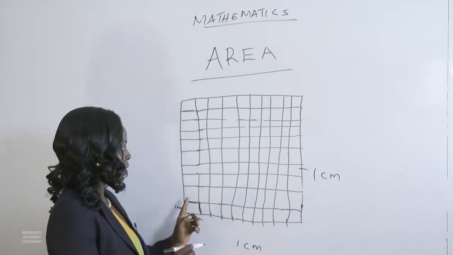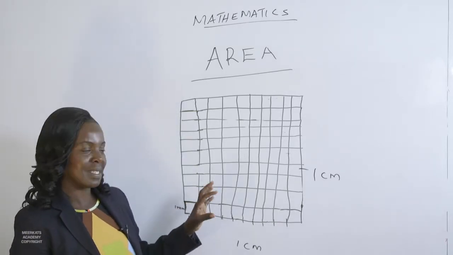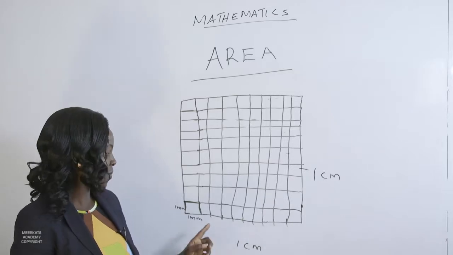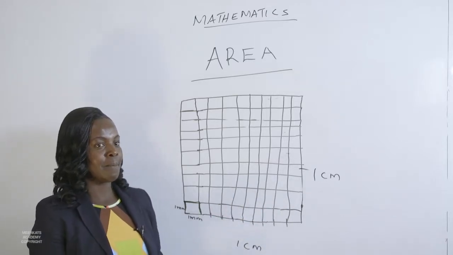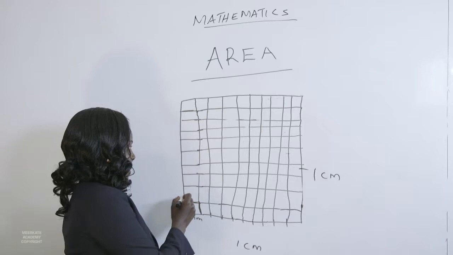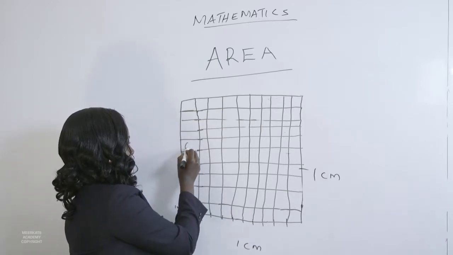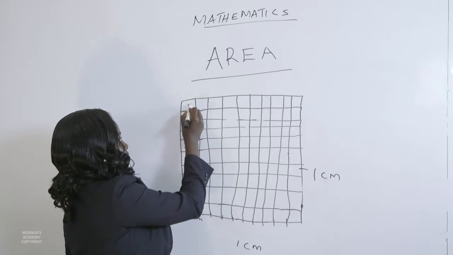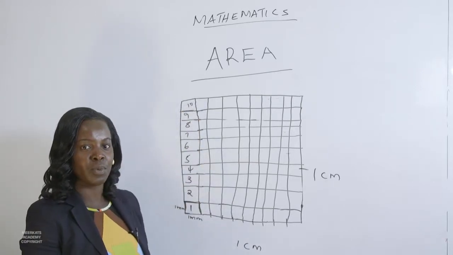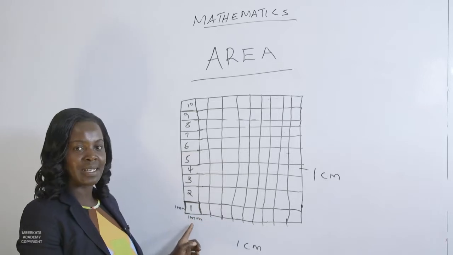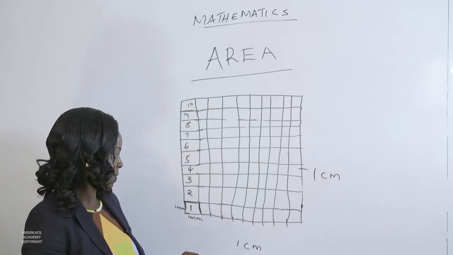If we count the small squares inside this enlarged square, you realize that on this one end, we have 10 small squares measuring 1 millimeter by 1 millimeter.